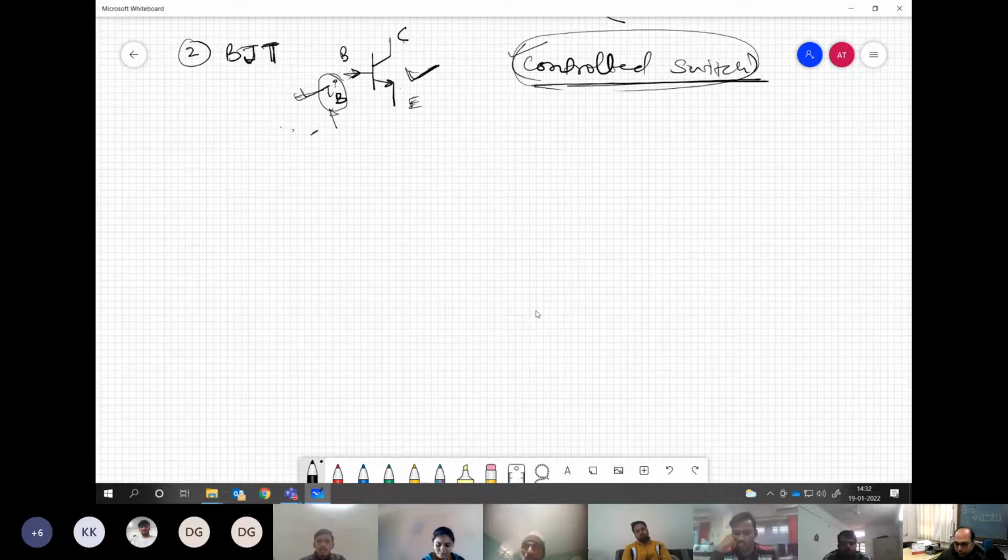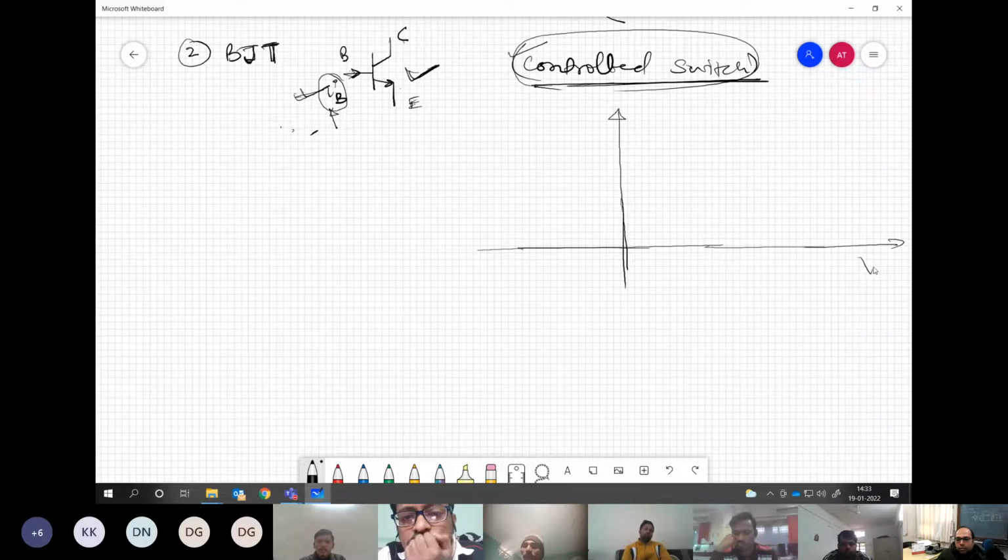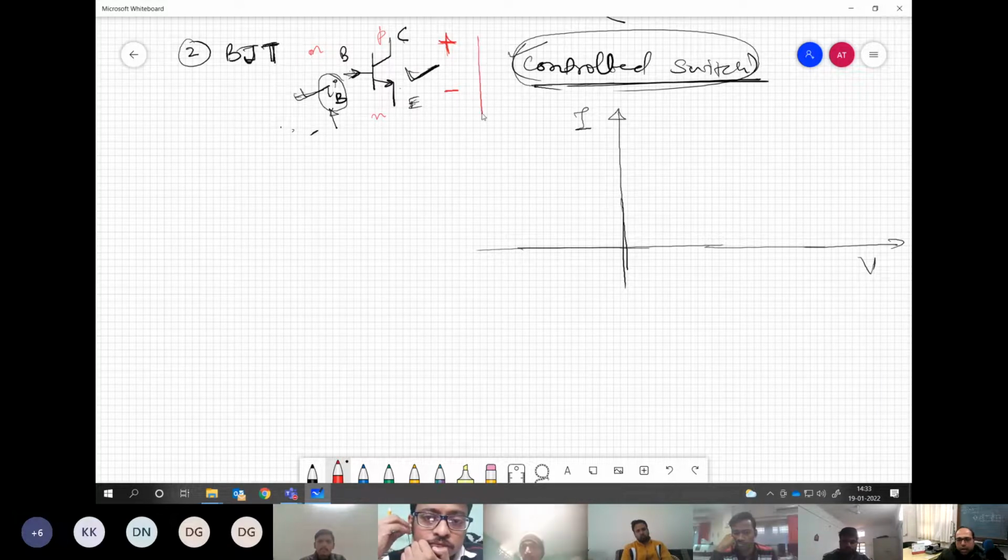So if I draw the characteristic for the BJT, ideally what happens is that the BJT can block any voltage in this direction. So here we are talking about an NPN transistor. It can block the voltage in this polarity and it can conduct the current in this direction.